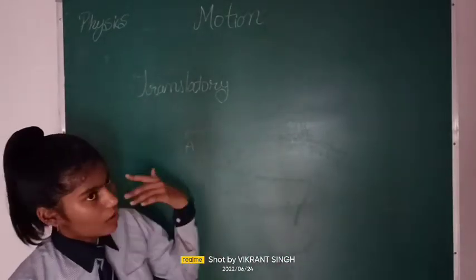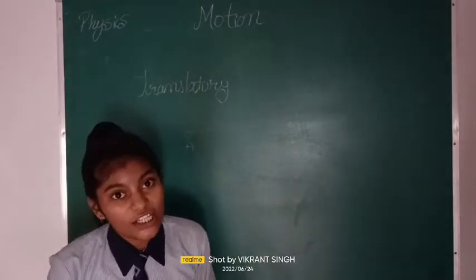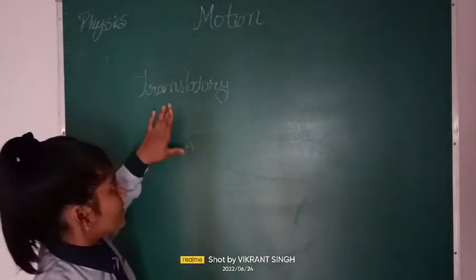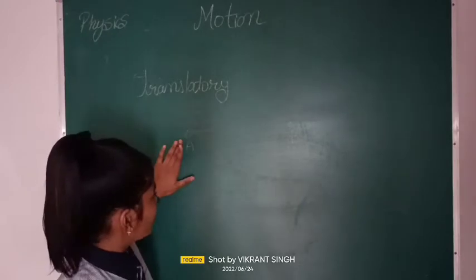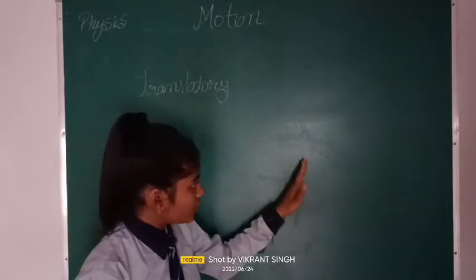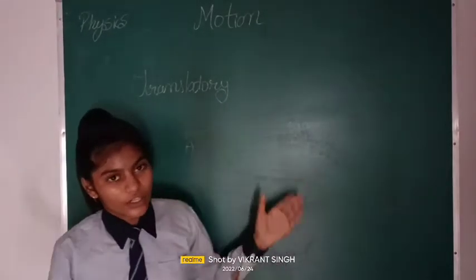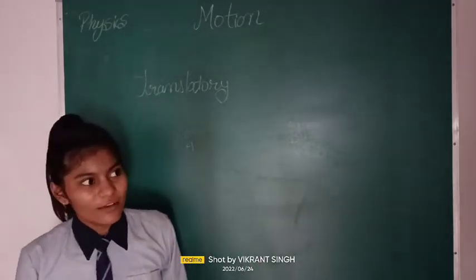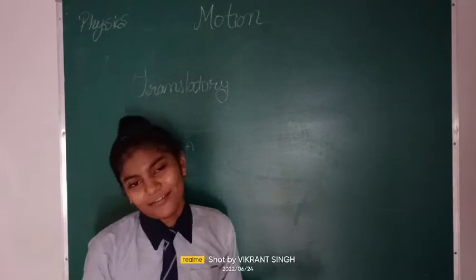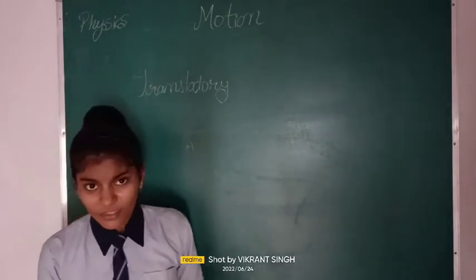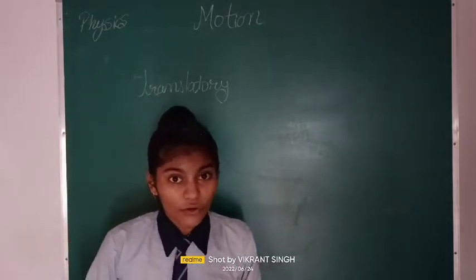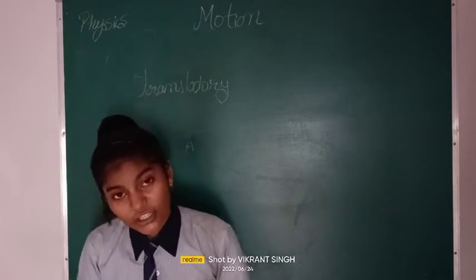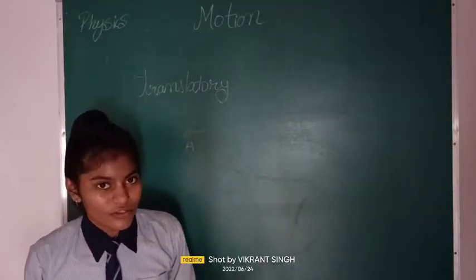The orientation doesn't change in translatory motion. Can you give me examples? When we move on a straight path, it is translatory motion, right? Also for a curvilinear path, if we don't change the orientation, it's also translatory.